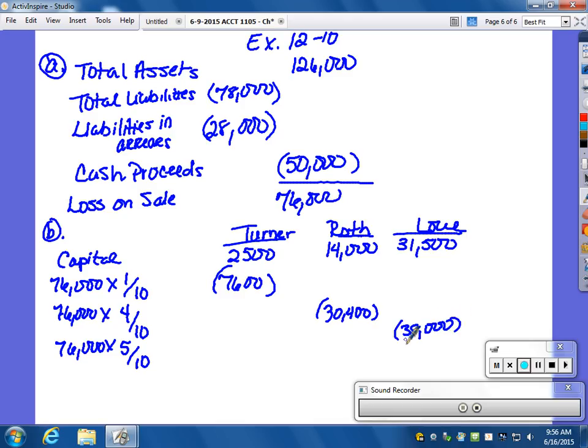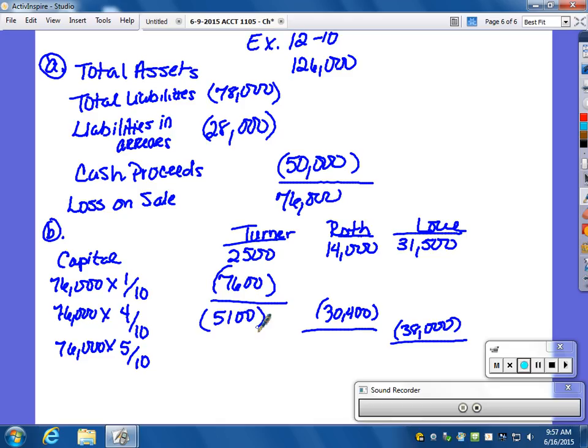So now that we have each of their share of that loss, what are their ending capital balances for each of them? Turner had a positive 2,500 minus 7,600, negative 5,100.